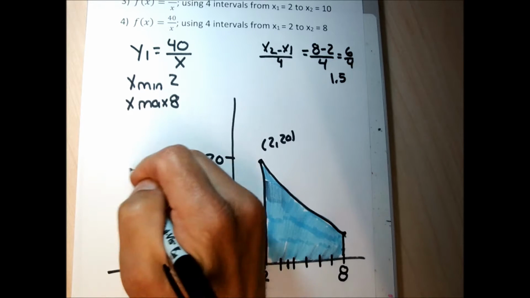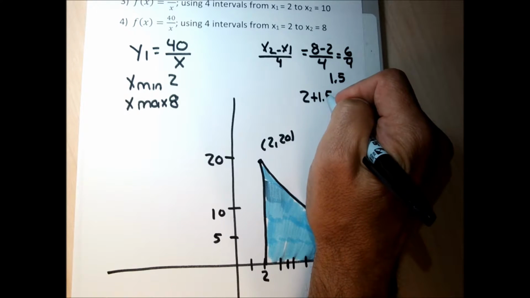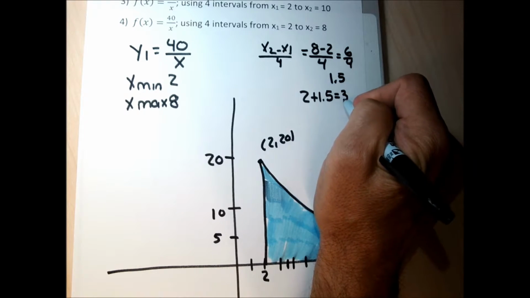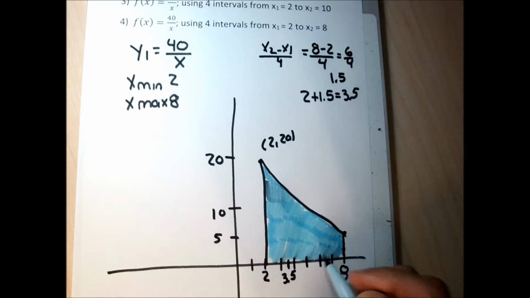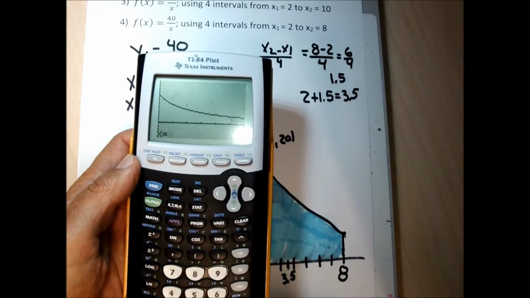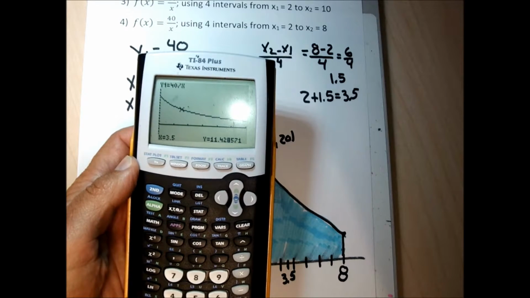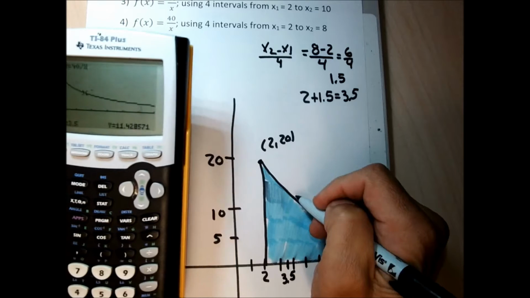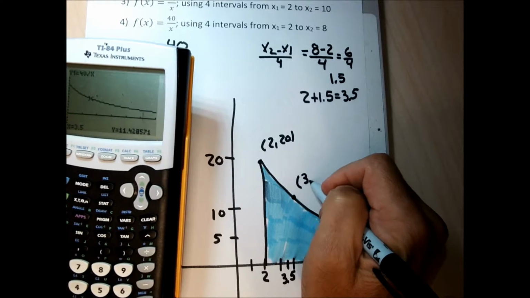So the next number I'm going to put on my x-axis is 3.5. I need to get the y-coordinate above 3.5, so let me do that by going second calc value, typing 3.5. I'm rounding to 2 decimals, so I'm going to put 11.43 for that y value. So above 3.5, I get 11.43.